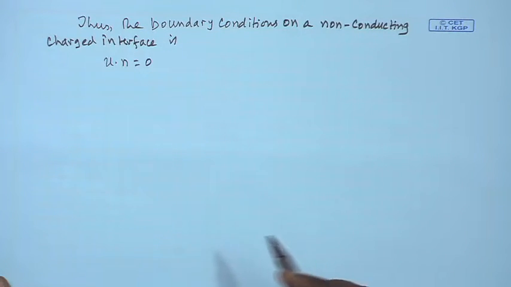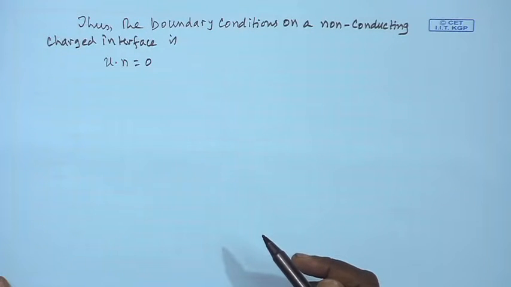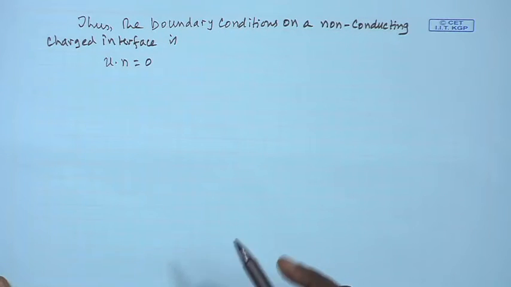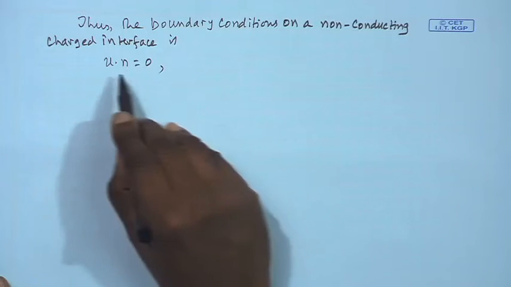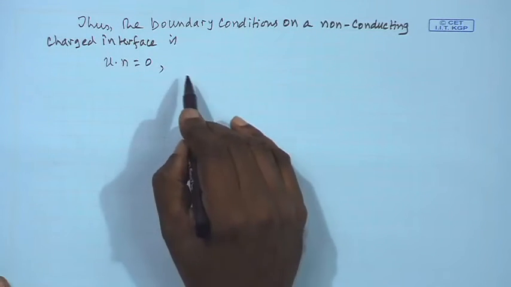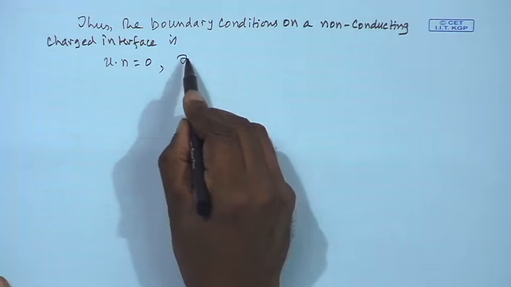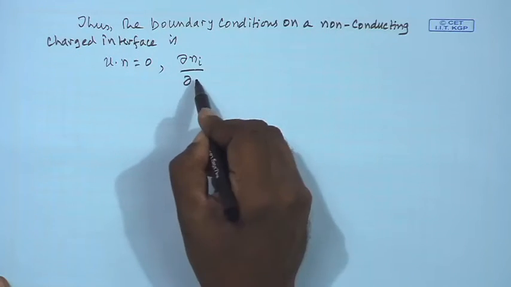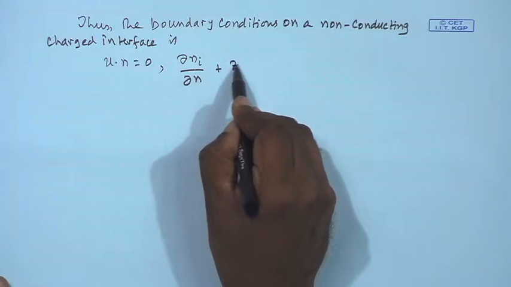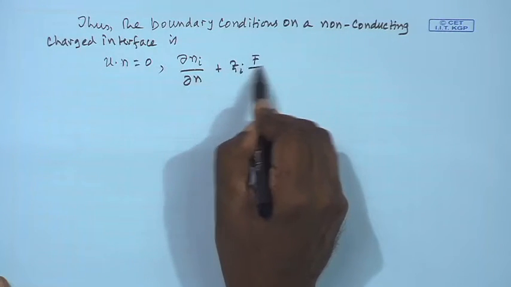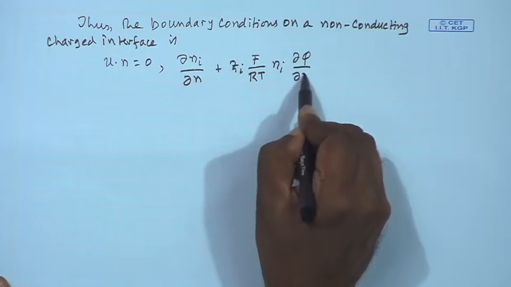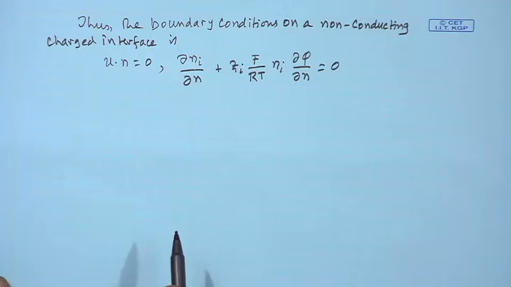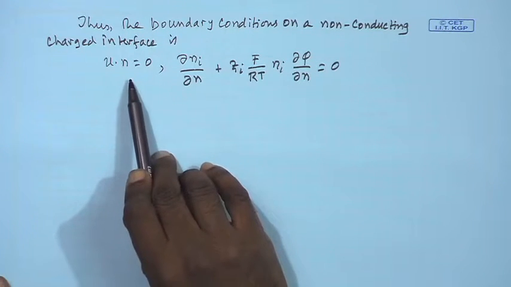One can consider any other coordinate system, and if I call n the unit normal on the interface, one can write the no normal flow, u dot n equal to 0, and del ni by del n plus z i F by R T ni del phi del n equal to 0.